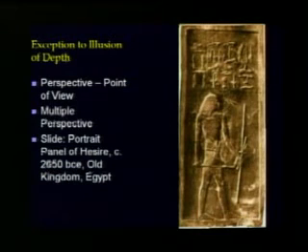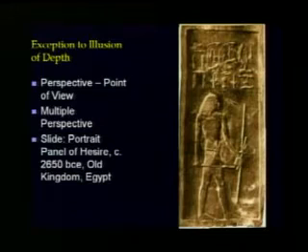And often in art, multiple perspectives or multiple points of view have been used. And again, I'm using an Egyptian example because their art was symbolic. It was never meant to be naturalistic. It was never meant to look just like what we see in our world.